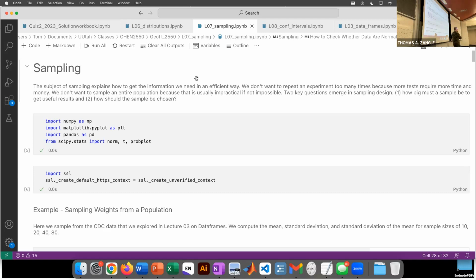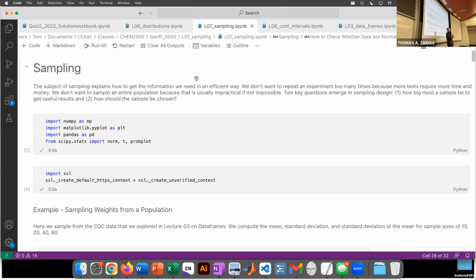But the way we do that sample, and how big that sample is, can have a big impact on our results and on what we can say statistically about the results of our experiment or of our sample. And so in this lecture, we're going to start thinking about how to sample some kind of process a little bit more intelligently using statistics.